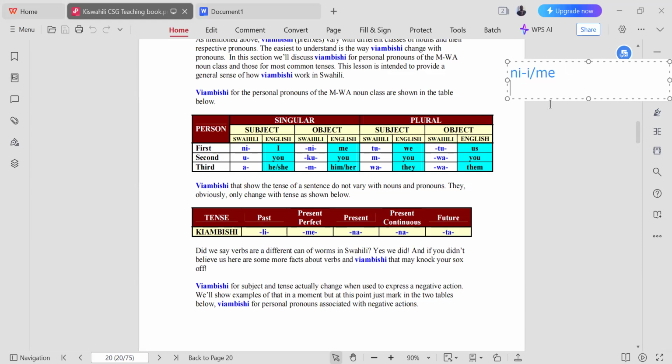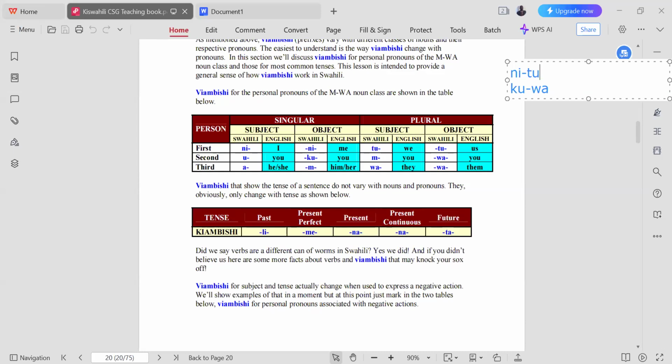Then the second person pronoun, where we have u, you'll have the word ku. Now you see here where it assumes most of this in singular and in plural. Here ni is in singular and in its plural will be tu.